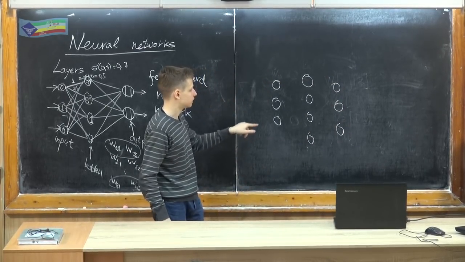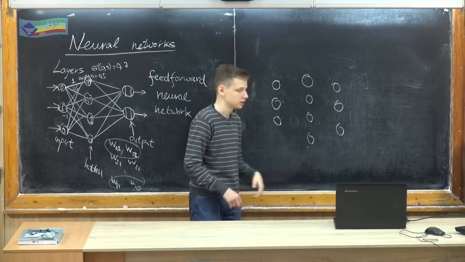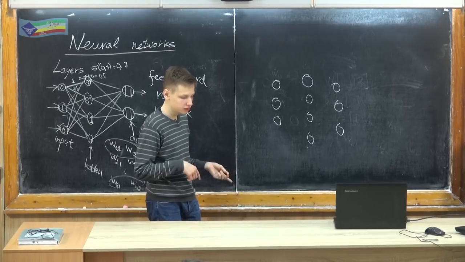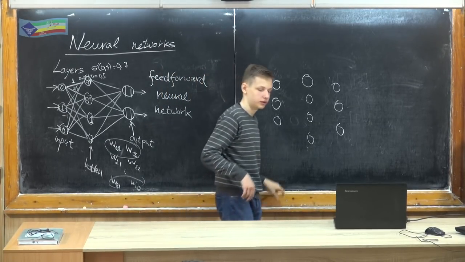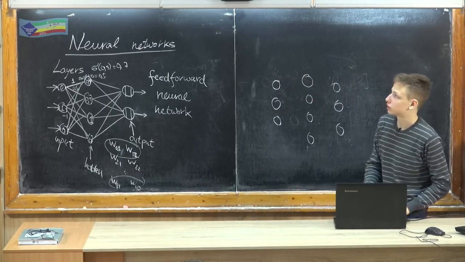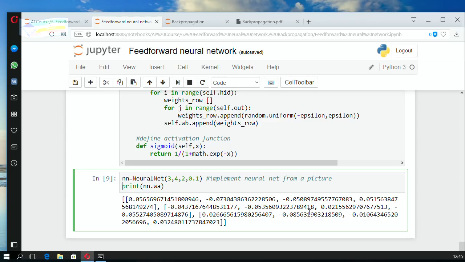And we define the number of neurons in the input, hidden and output layers. These are the main parameters, and then we create the table of weights and also define the activation function for this class. And here you can see that we define this list of lists, then we fill it with weights, and here we have the sigmoid function.